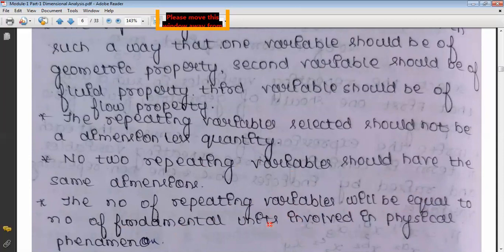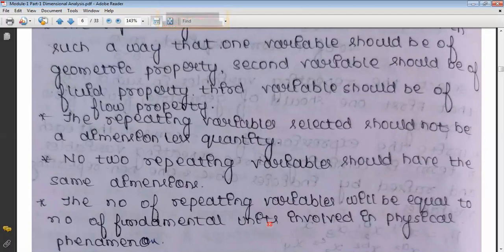The number of repeating variables will be equal to the number of fundamental units. Say for any problem, there are only meters and seconds. There is no mass involved, no kg at all. Only meter and seconds means the number of fundamental units is two. Therefore, you have to select two repeating variables.